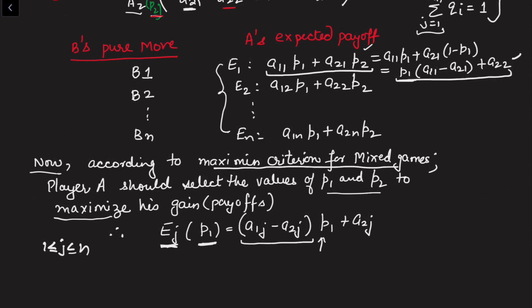Suppose I also convert the second expression: A12 P1 plus A22, where we write P2 as 1 minus P1. This gives A12 minus A22, then we take P1 common and plus A22 remaining.